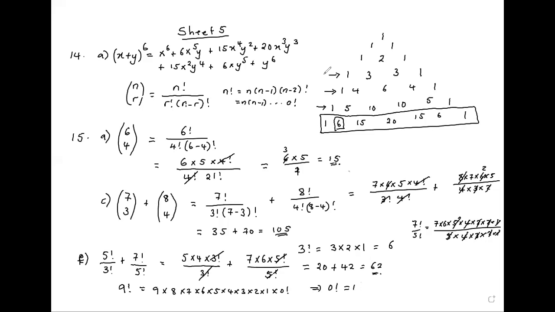Okay. All right. So given the integers r, n such that 0 is less than or equal to r, which is less than or equal to n, prove that nC(r minus 1) plus nCr is equal to (n plus 1)Cr.